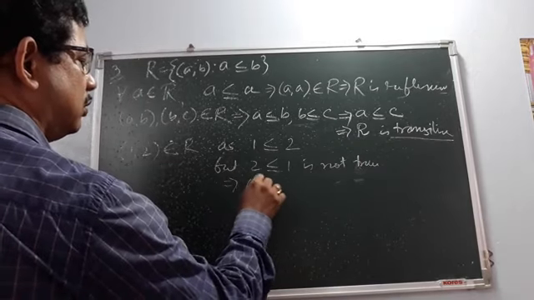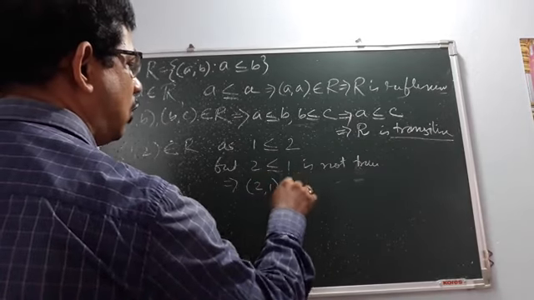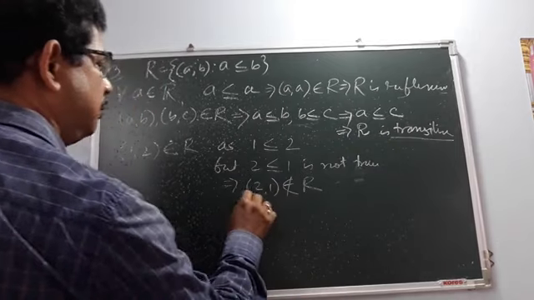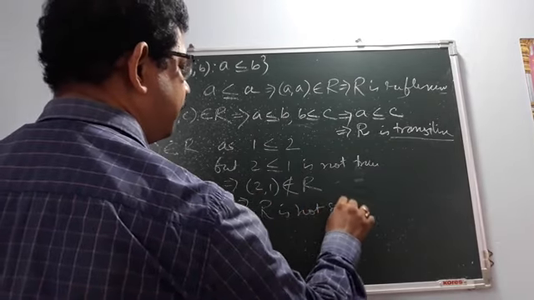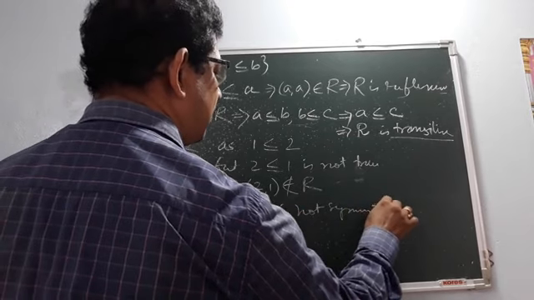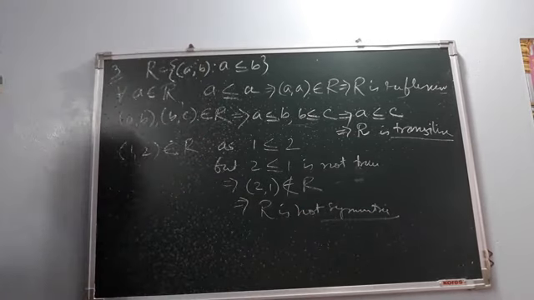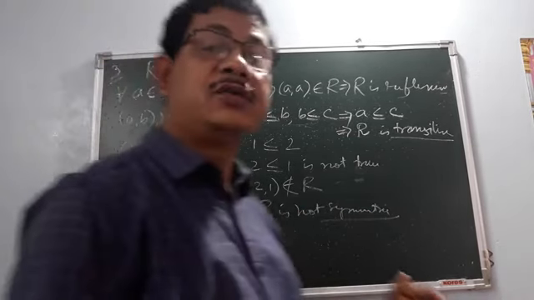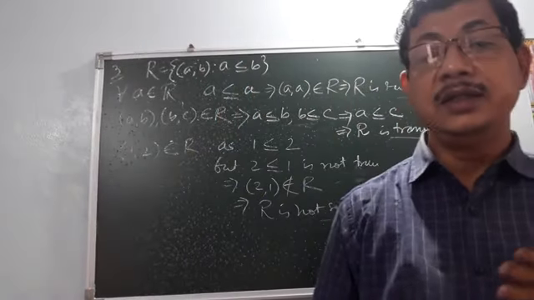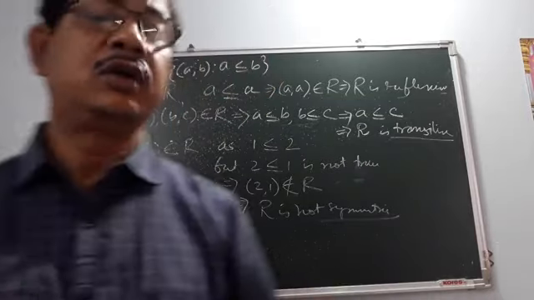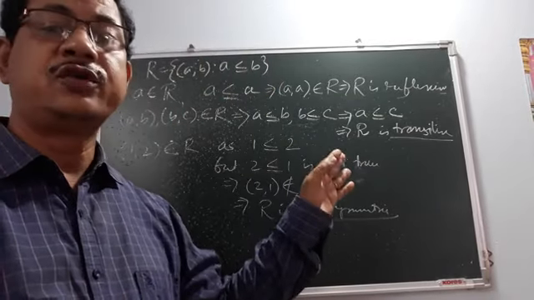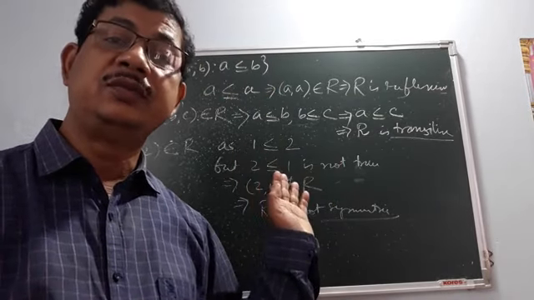Implies (2, 1) does not belong to R. Implies R is not symmetric. So this is the case. When you have to show that your answer is negative, that is, you have to say that it is not symmetric, not transitive, or not reflexive, then what do you have to do?